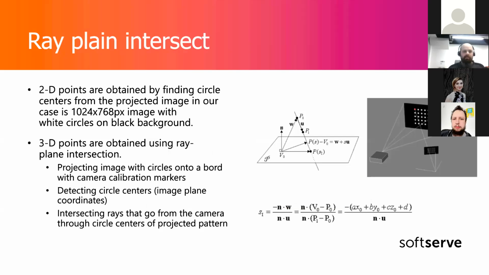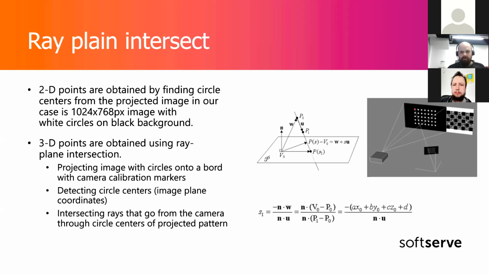So the second method is ray plane intersect. This is quite different from the previous one, because at first we are calibrating our camera to obtain the rotation and translation vector. And then we are using reconstruction of the plane from the rotation and translation vector to gather 3D points.